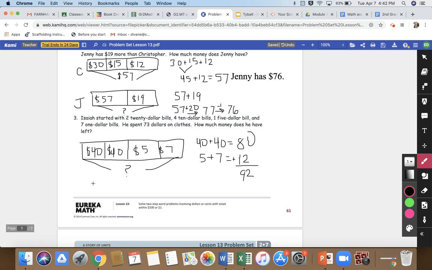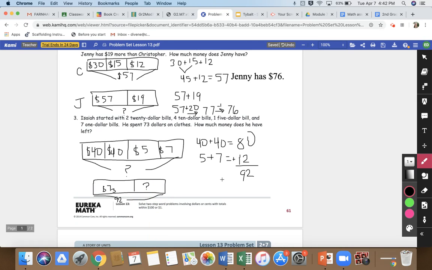Now we're not done yet. So it says that Isaiah spent $73 on clothes. So if he spent $73 and this total was 92, and we're trying to figure out how much did he have left.